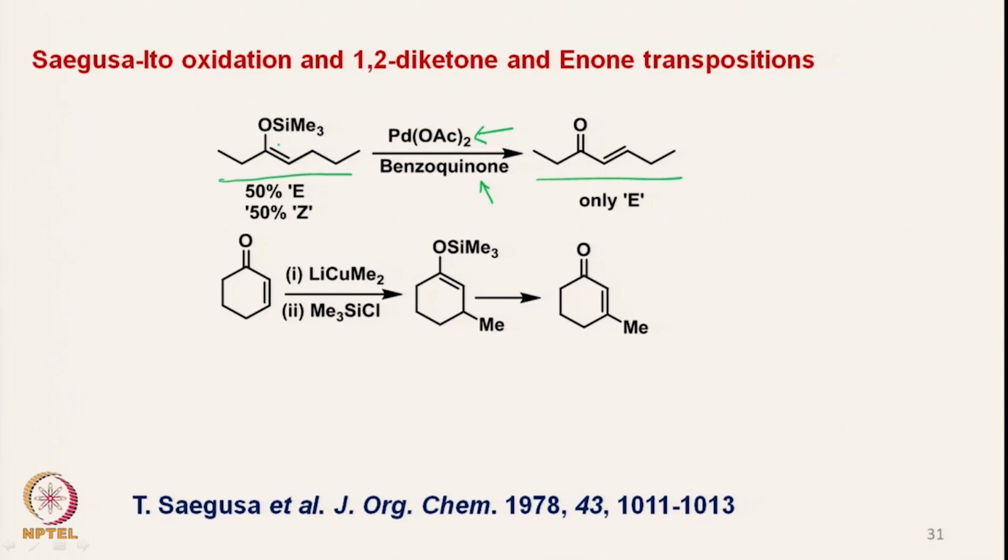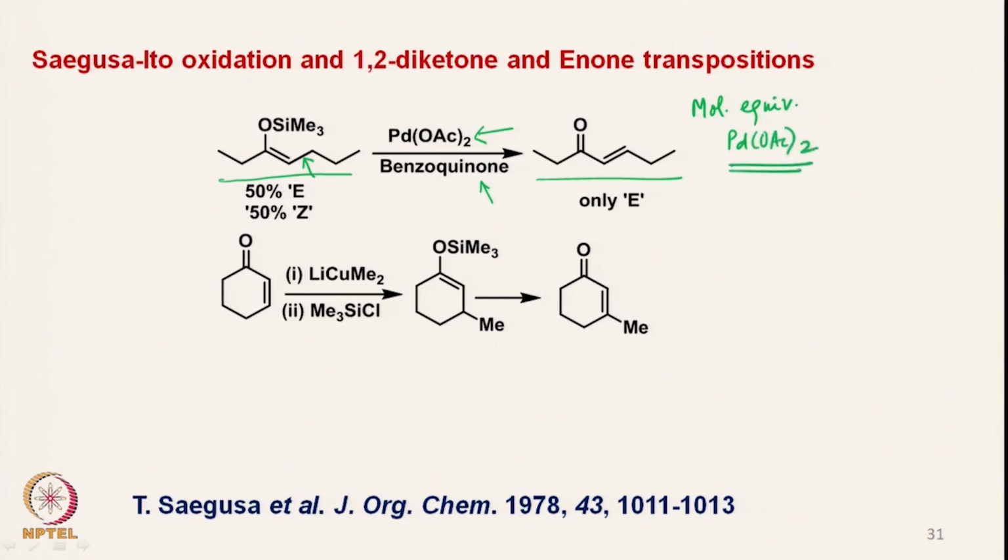That means the double bond is coming on this, and this enol silyl ether gets converted to the ketone. Initially when this reaction was done, it was found that one can do this reaction with a mole equivalent of palladium acetate.